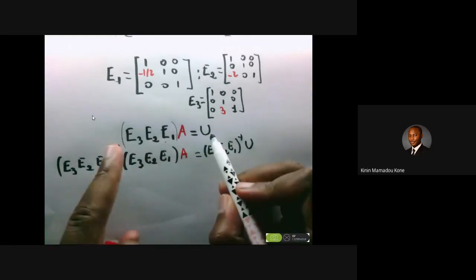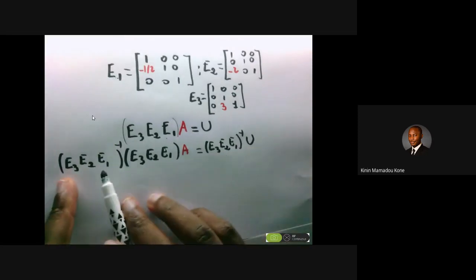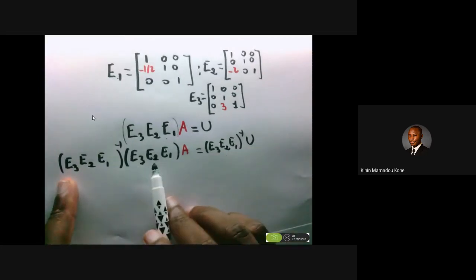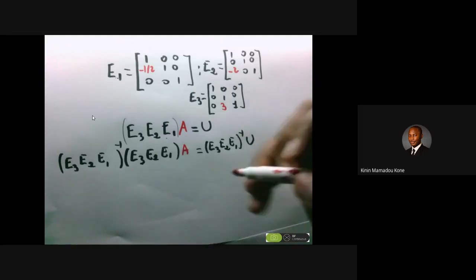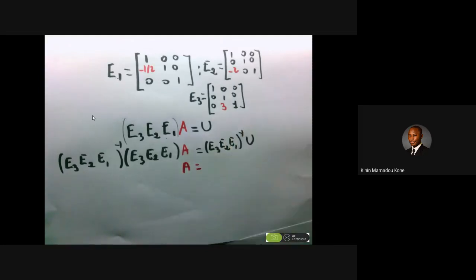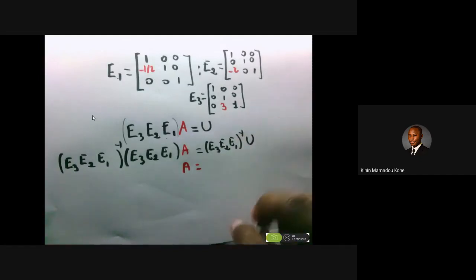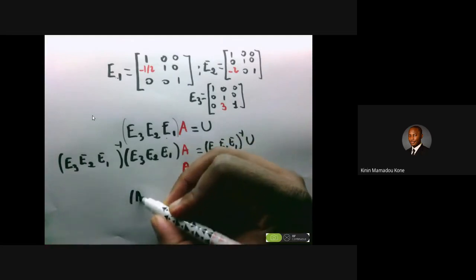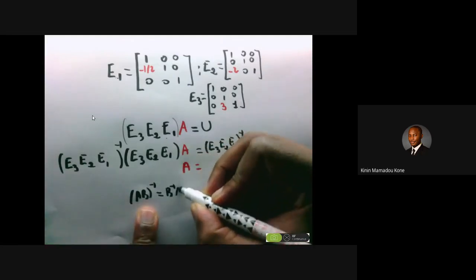This is one relationship between A and U. Let's look at another relationship. This one and that one are going to cancel, and I'm going to get A over here. And remember, if I had AB inverse, I can write it as B inverse A inverse.